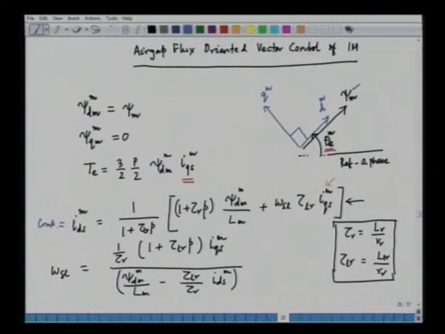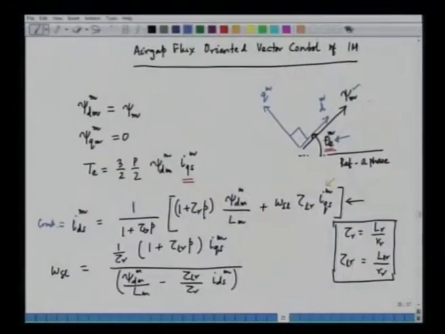So, this angle of transformation has to be obtained, and to obtain it we have to find out the speed of the air gap flux vector. The speed of the air gap flux vector is omega E m. And to obtain this omega E m, we have to have a knowledge of the slip speed.